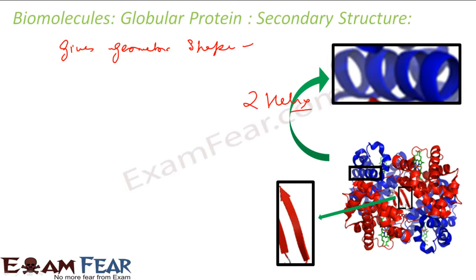And some are straight ones; they are beta pleated. So I have alpha helix secondary structure and beta pleated secondary structure. Till now, the primary structure talks only about the sequence, because a different sequence will give you a different protein. And once I have the sequence, I'm talking about the geometric shape, which may be alpha helix or beta pleated. So let's talk about these structures in detail.